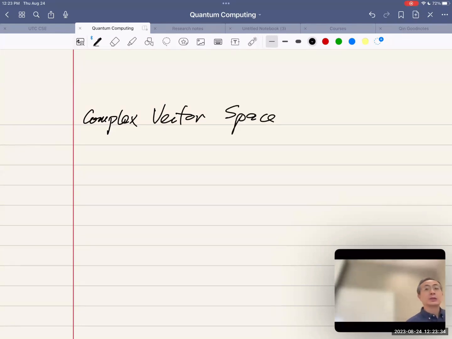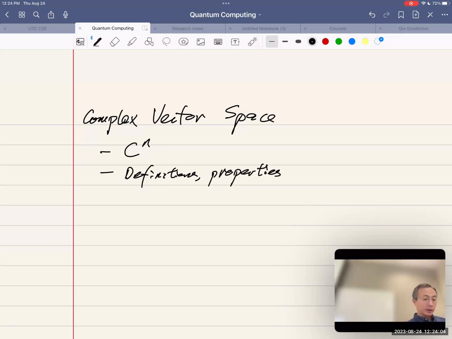So the chapter actually has 7 units. The first one uses n-dimensional complex space as the example, and then goes through the definitions, properties, and more examples.